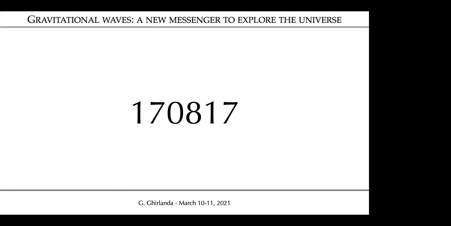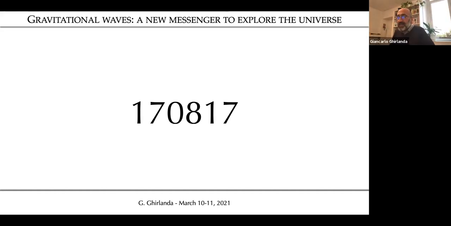Thank you very much. Okay, so Chiara, my idea is to split this second lecture into two parts. In the first one, I will basically discuss 170817, and I divided the lecture into two parts. The first one is mostly devoted to the presentation and discussion of the GRB-related electromagnetic components.